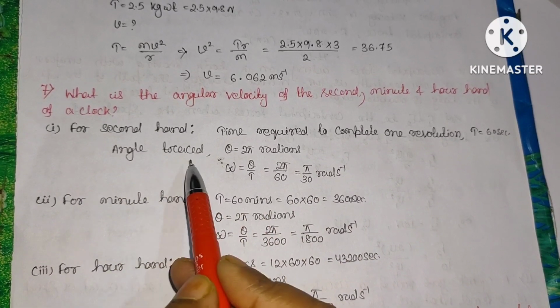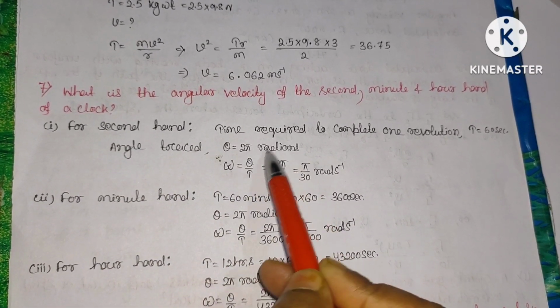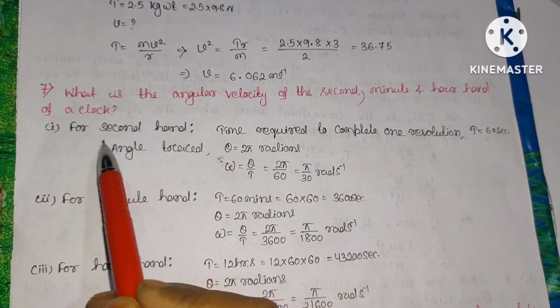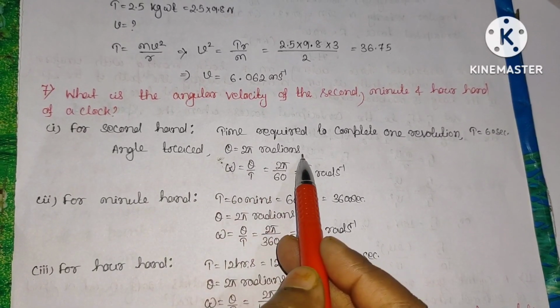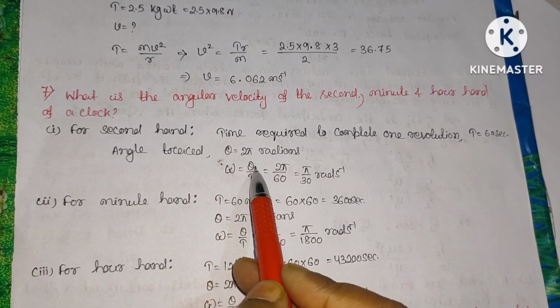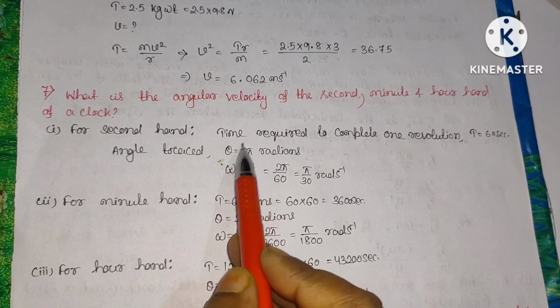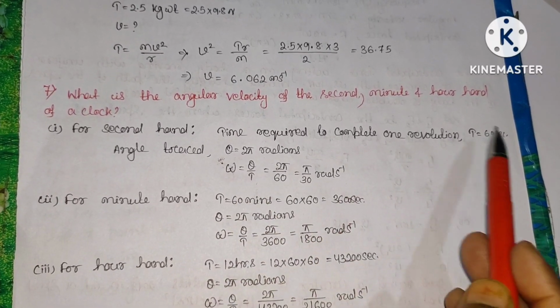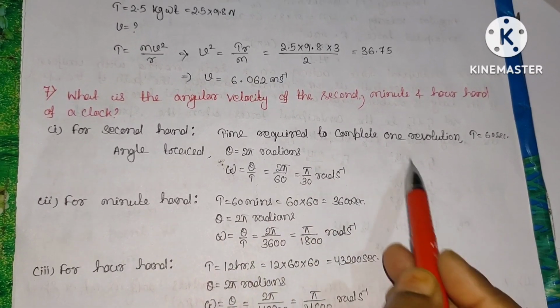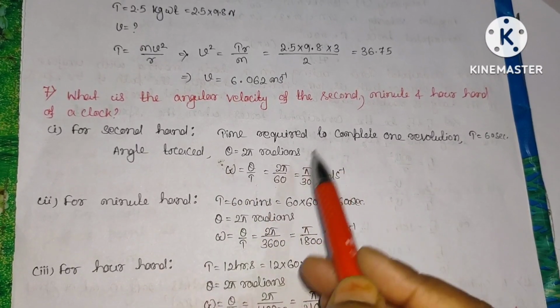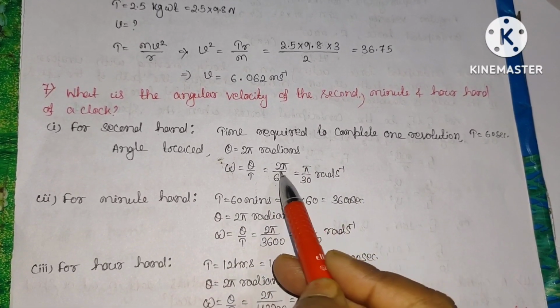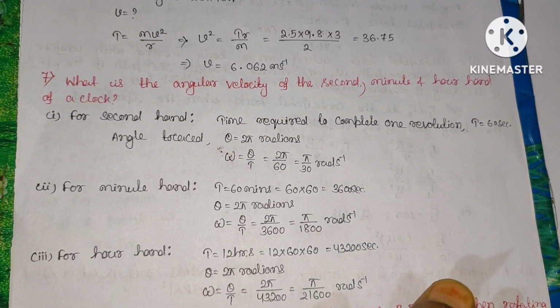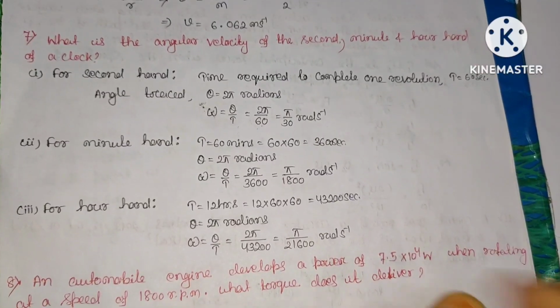So the angle traced is theta equal to 2 pi radian. This we are calculating for the second hand. So theta equal to 2 pi radian, omega equal to theta by t. So theta here is 2 pi radian divided by the time, 60 seconds, to complete one revolution. So it will get cancelled, that will become pi by 30 radian per second.